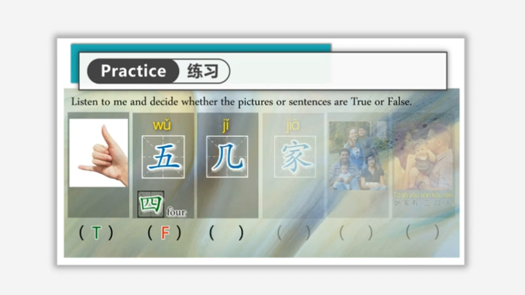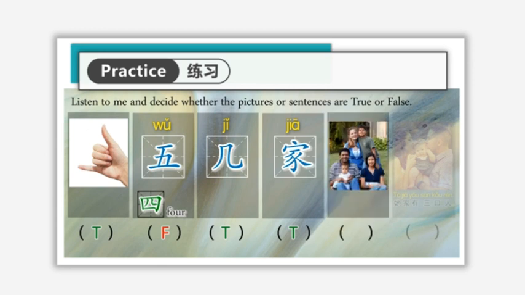Number 3. 几 is used to ask about the number, usually less than 10. True. Number 4. This character means family. True.